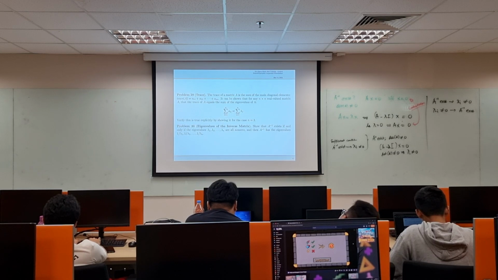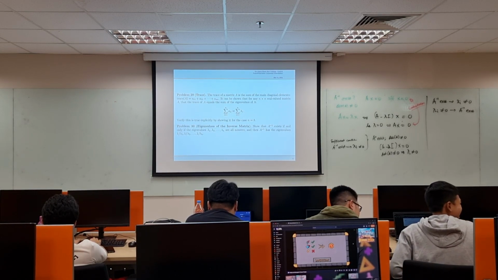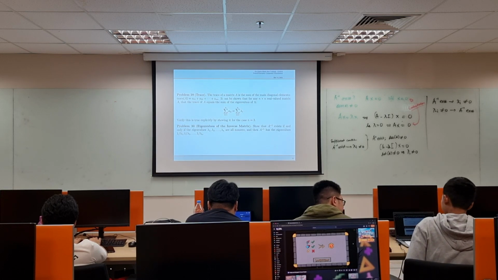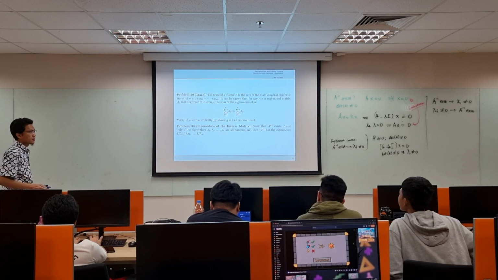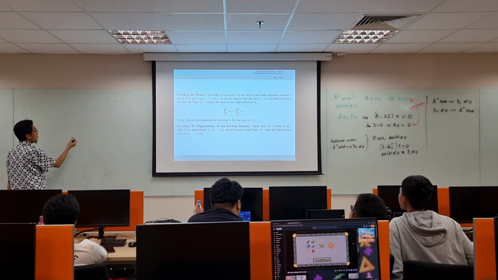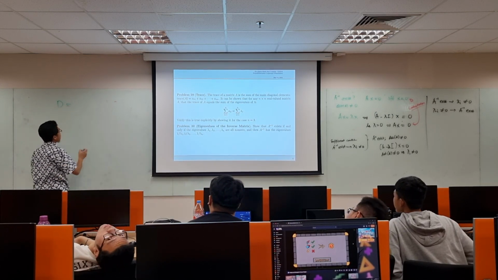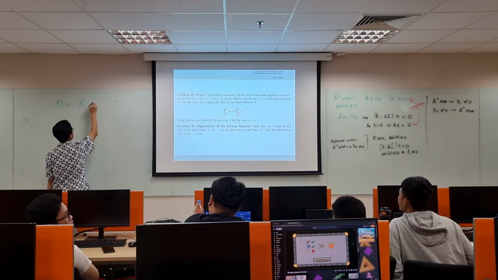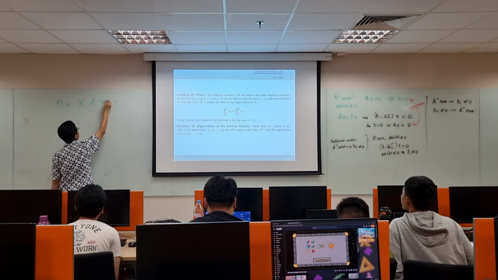A inverse eigenvalue is 1 over lambda. Okay, just now you saw diagonalization of A. So this one, inverse, yeah?